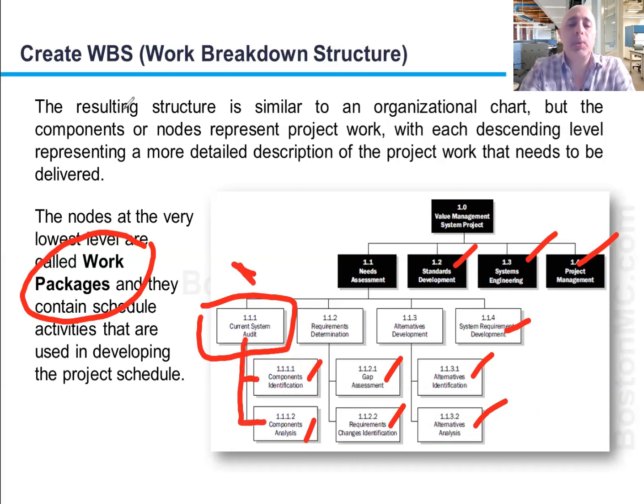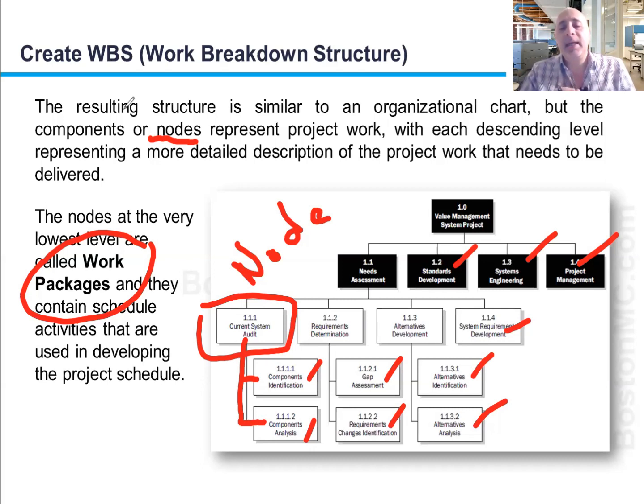Whereas if you look at the one on the left, 1.1.1, that one is broken down into two pieces. Therefore, we just call this one a node. Okay, so this is a WBS node. That's the one that we show here. It's a node, and it's broken down into the work packages. The numbering sequence carries through. You could have a name sequence, so it can be, for example, construction.electrical, construction.plumbing.